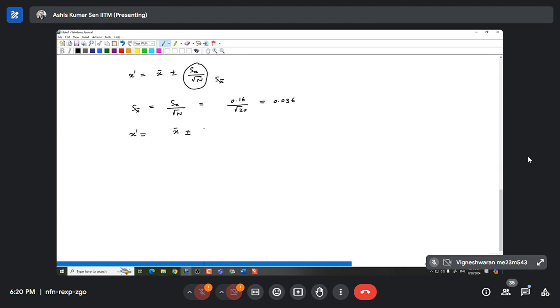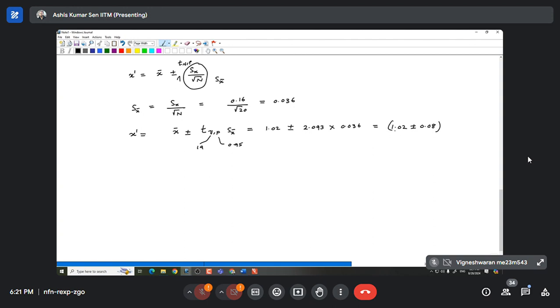Then your population mean becomes x̄ plus minus, oh, I have missed out t. That is important. So here we have t_{ν,P} times Sx̄. You have 1.02, and we already know ν is 19 and P is 0.95. So the value is 2.093 times 0.036. That will be 1.02 plus minus 0.08.